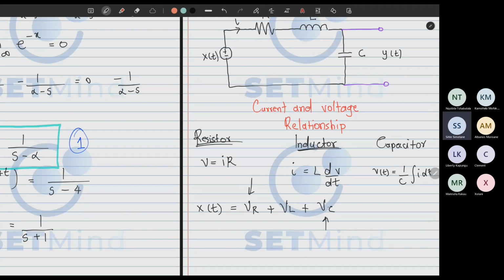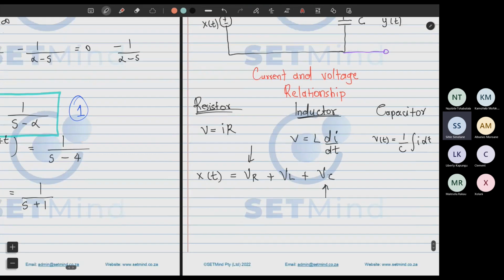So the voltage across a resistor we have, let me see. Okay, catch. Please be wary of this. The voltage across an inductor is the derivative of the current. Yep. So that's a silly one there. My apologies. So let's see now if we can make a differential equation out of this. So x(t) is equal to VR.